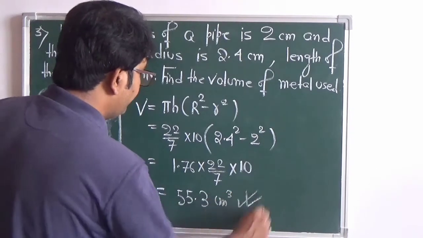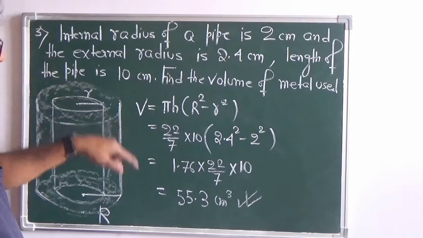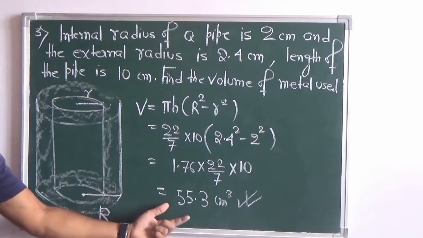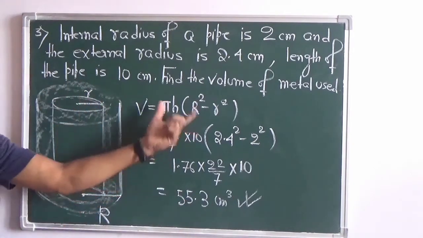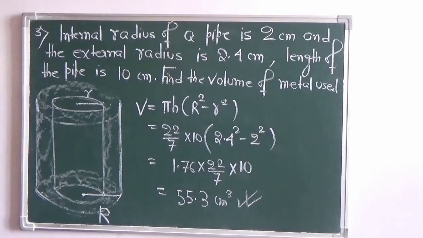So 55.3 centimeter cube is the volume of the pipe, or you can say the volume of the metal used, by this formula.